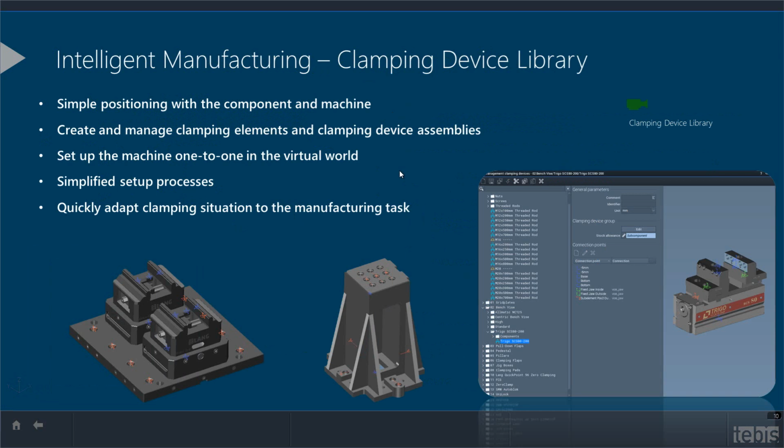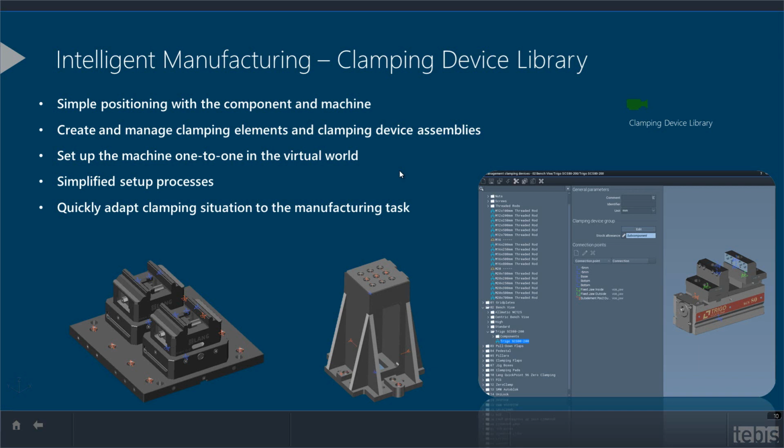To enhance our intelligent manufacture, we also have a clamping device library. This gives us simple positioning with components in the machine. Most people take clamping as a secondary option, and it's a secondary thought when it comes to machining. But as NC programmers, clamping is important to us, not only on the machine, but understanding where the clamp is in reality for collision checking.